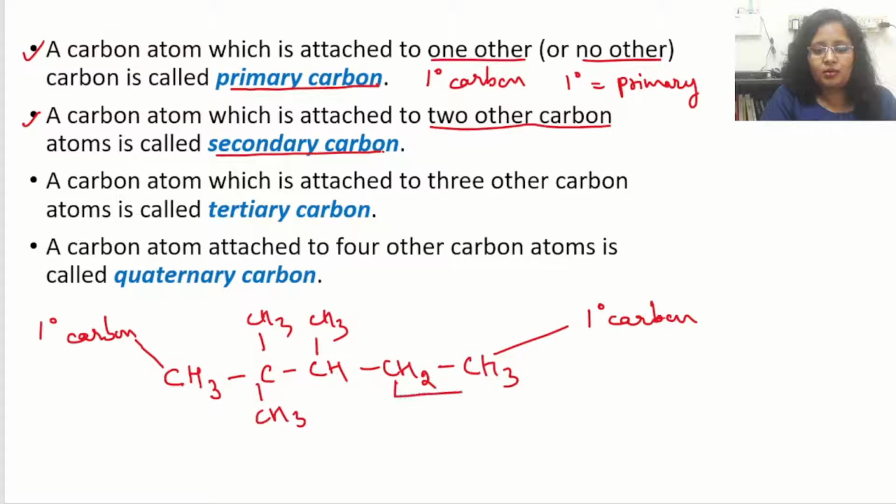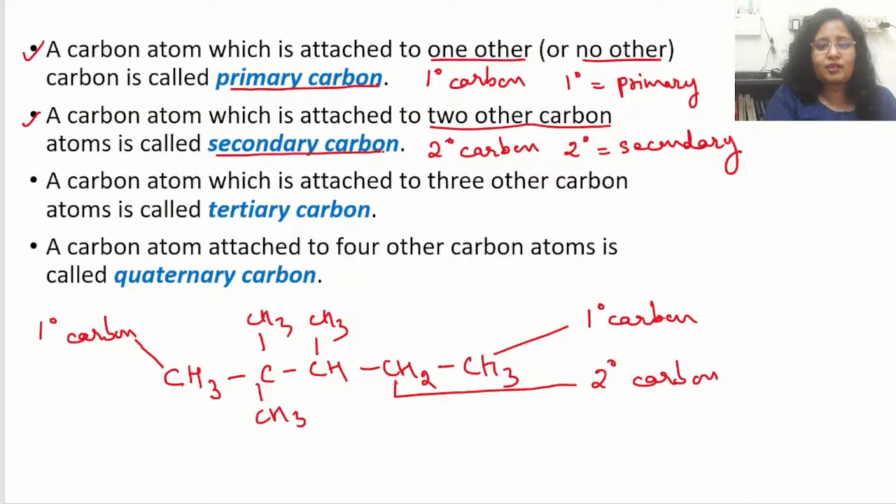So this carbon is known as a secondary carbon. It is denoted by 2 degree, or we can say 2 degree means secondary. This carbon is called a secondary carbon.